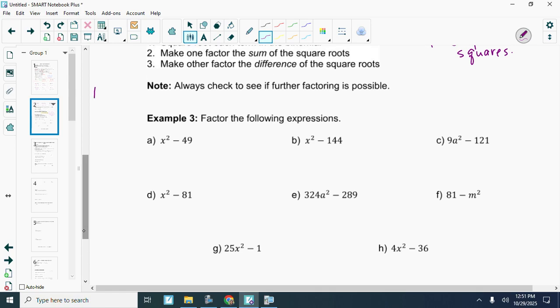I would say 1 squared, 2 squared, 3 squared, 4, 5, 6, 7, 8, 9, 10. I usually go to 12, even 13. And if you need to, you can use your calculator. Hopefully you can do some mental math on these.